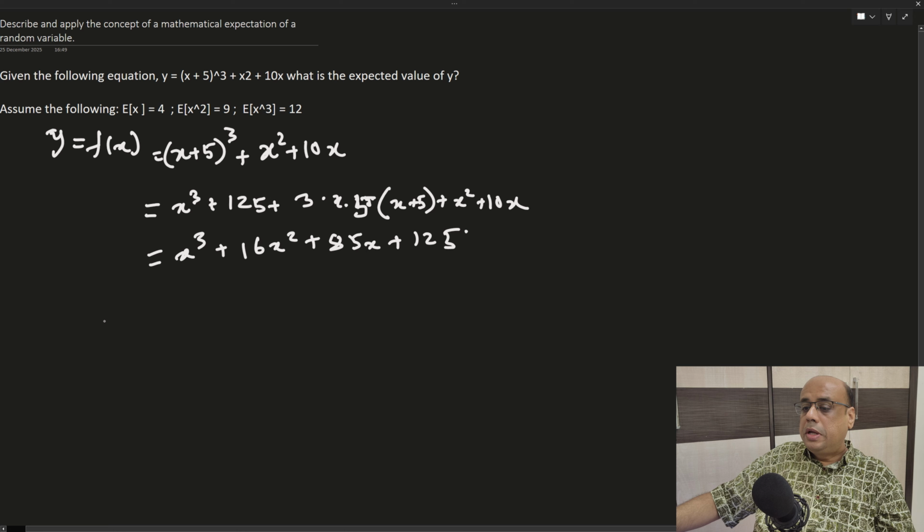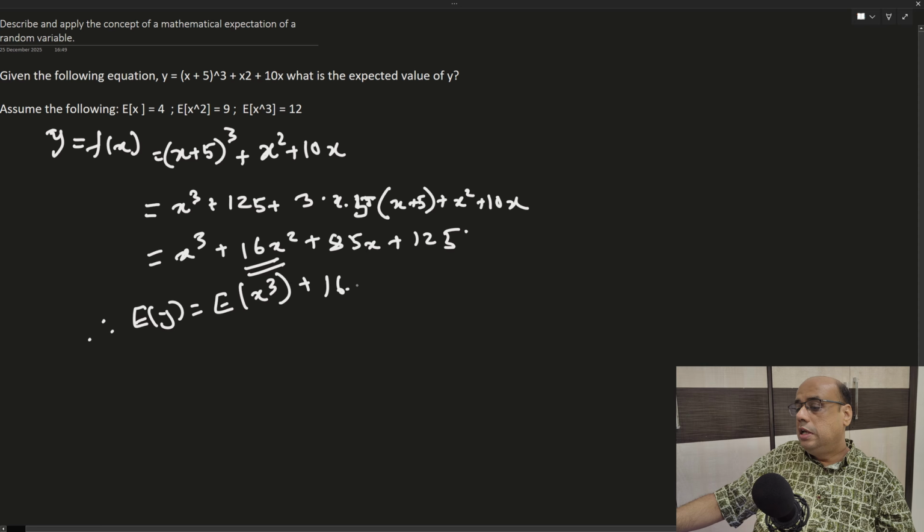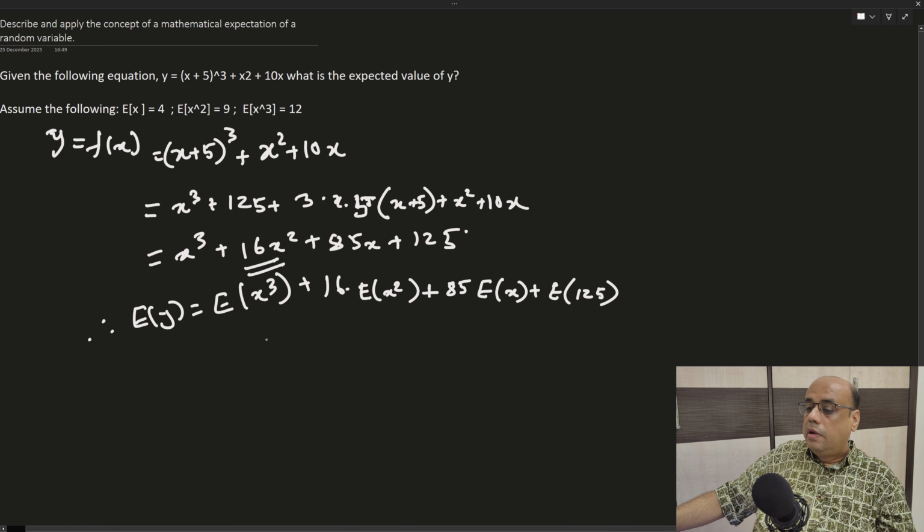So the expectation of y is equal to expectation of x cube plus expectation of 16x square, which is 16 into expectation of x square, plus 85 into expectation of x, plus expectation of 125. Now just plug in the numbers, right?